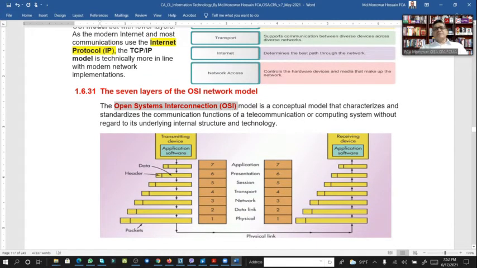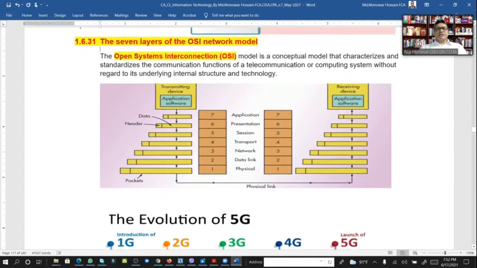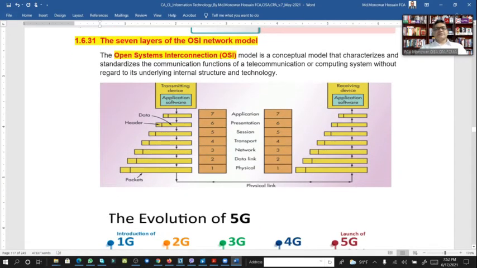Open System Interconnection, that means OSI, has 7 layers within this model. The OSI model is a conceptual model that characterizes and standardizes the communication pattern of a telecommunication or computing system without regard to its underlying internal structure and technology.